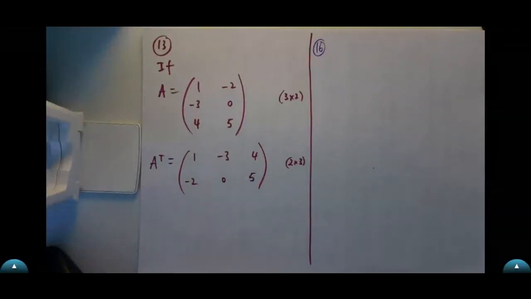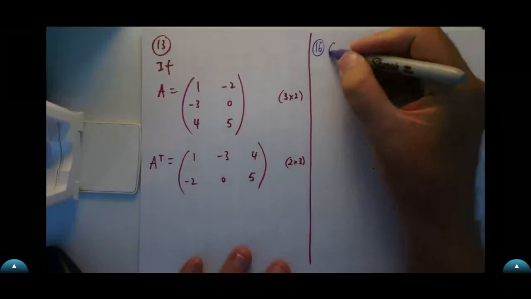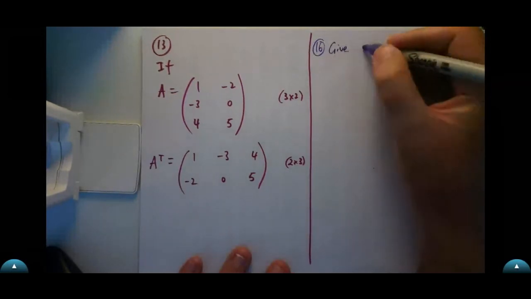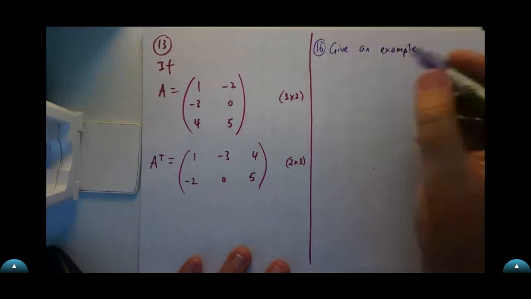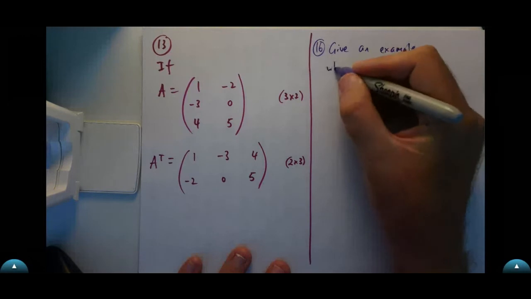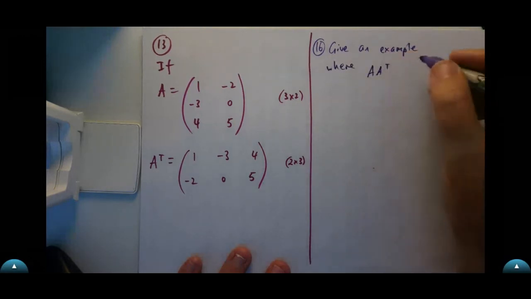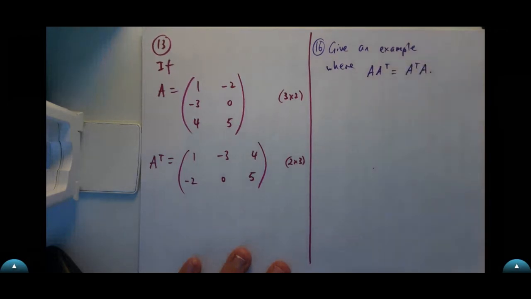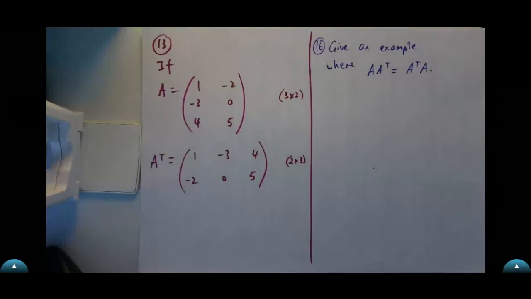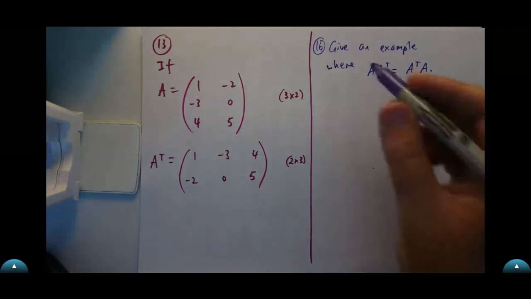All right. So, give an example where A times A transpose does not equal A transpose times A. I just tried a few things.